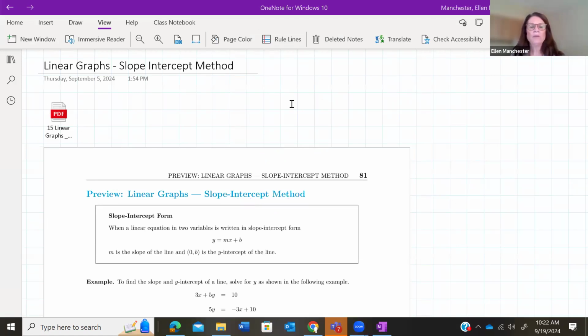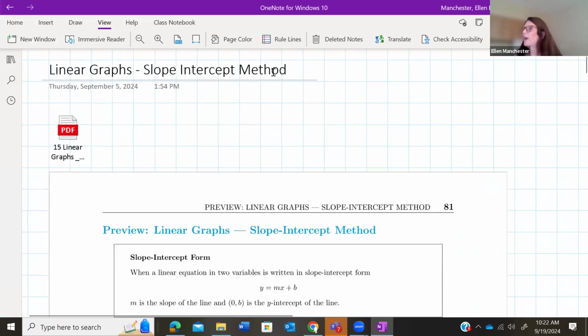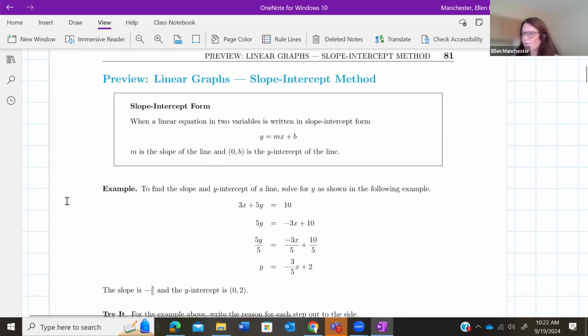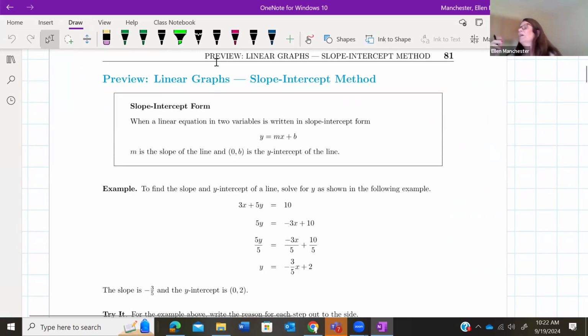With the slope-intercept method, all that means is we're graphing a line using a different technique. That's all it is. You will get to the point where you get to choose which technique you want to use, but you have to know how to do both techniques.